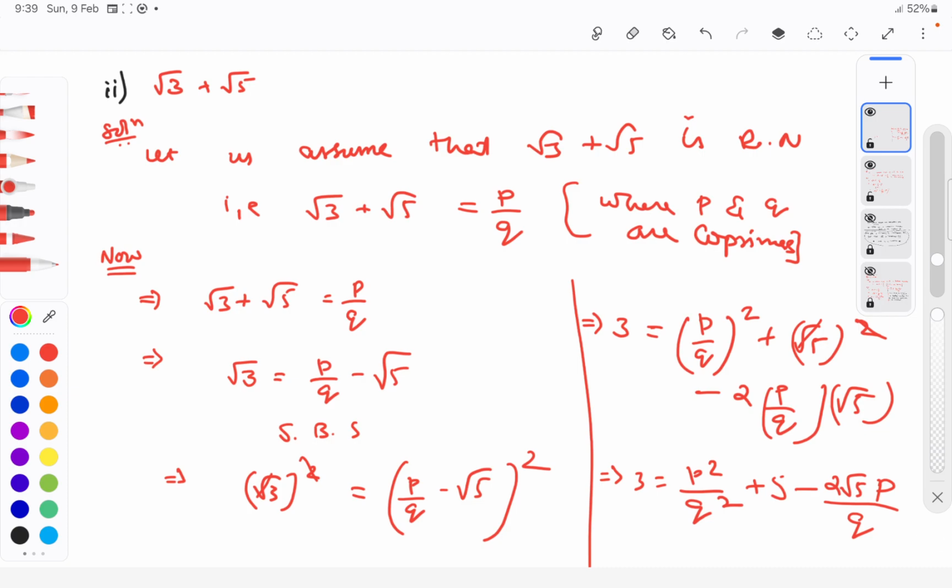So next step, students, I'll be sending all these terms one by one to the left side. I'll keep only root 5 on the right side at the end. Or else we can do it like this: this minus term will come to the left side and 3 will go to the right side. Our target is that root 5 should be on one side. Right? So, we'll do it in the next slide.